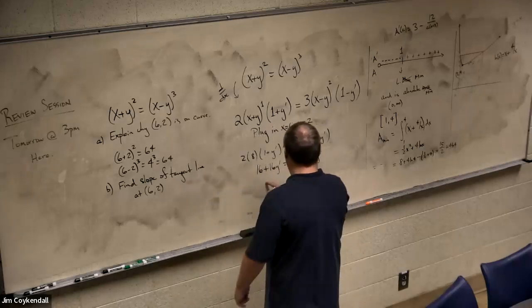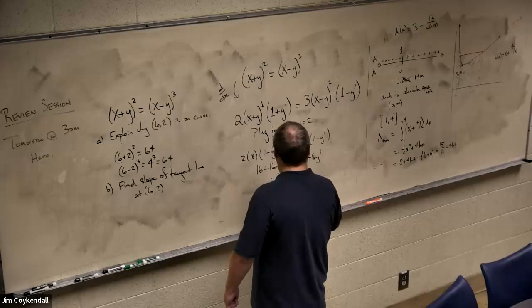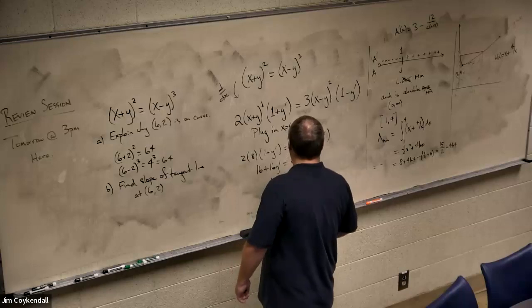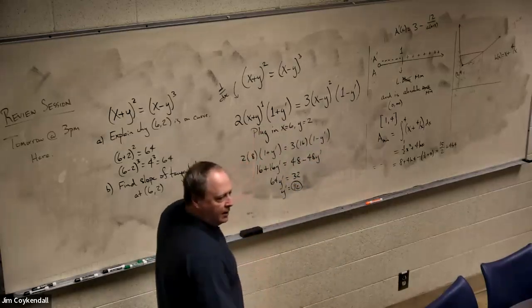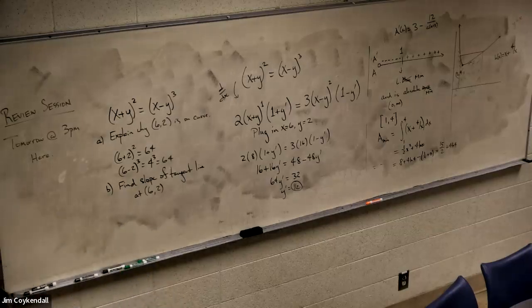So 64 y prime is 32 and y prime is 1/2. So that's the slope of the tangent at that point. Everybody okay with that?